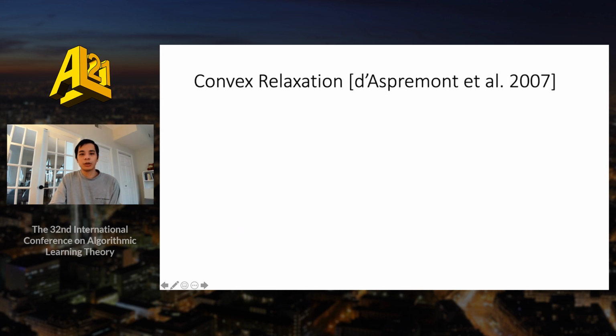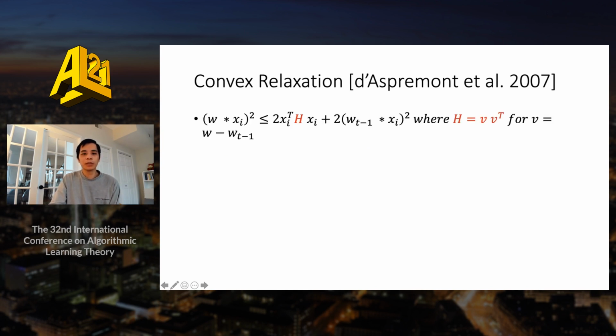So what we do is we try a convex relaxation. We consider a natural convex relaxation. We consider an upper bound of the quadratic function, and we introduce a new variable H. This H is a positive semi-definite matrix.